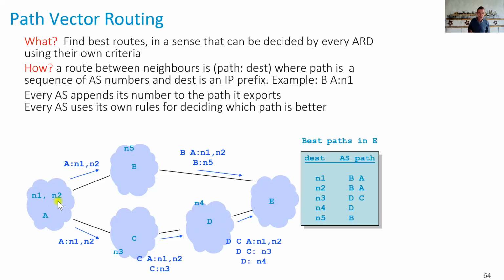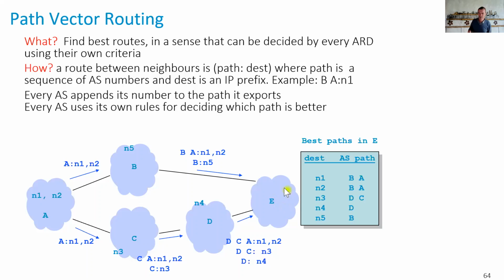So via BGP, A will inform B that it has those two prefixes, N1 and N2, and then B will inform E that it has received it. But what B will do, it will concatenate the path of ASs. So B will say to E, I have a route to N1 and also to N2, and the path that I give to you is AB or BA, depending on how we write it here.